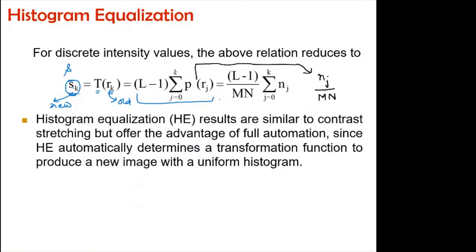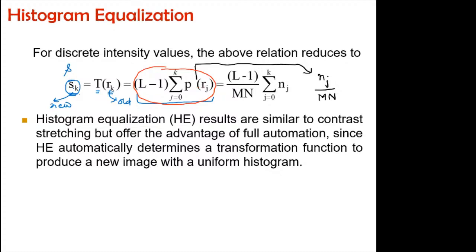जब तुम्हारा समेशन में कन्वर्ट हो गया तो ये इक्वेशन बन गई. This is the equation for calculating Sk. And what is PRJ? PRJ means probability of occurrence of a pixel at intensity level Rj.